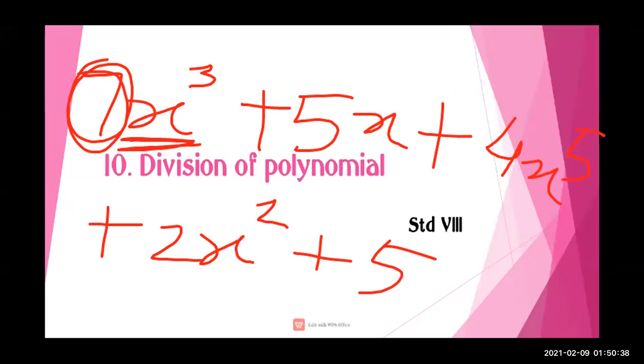That is the variable. In each of the terms, we write 7 as a coefficient. Any number is called a coefficient, and any alphabet is called a variable.